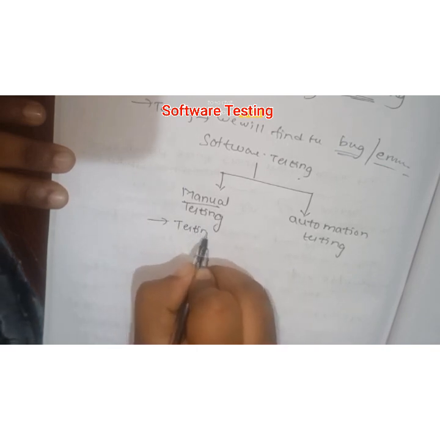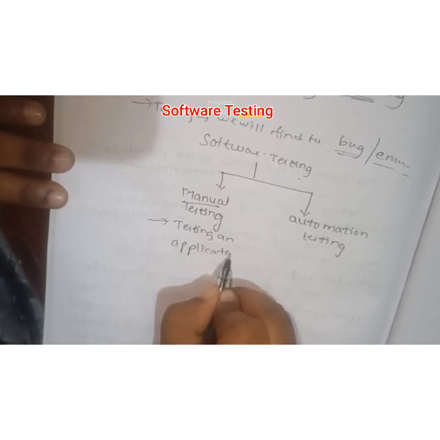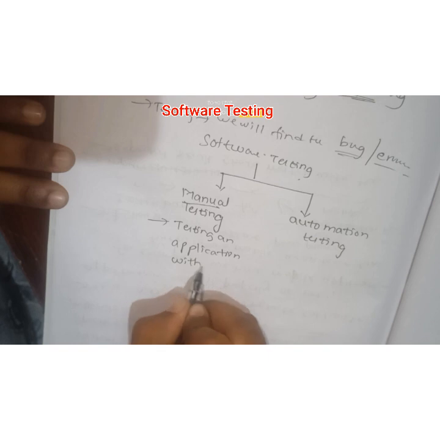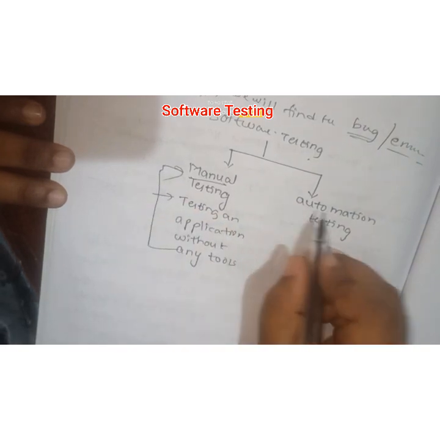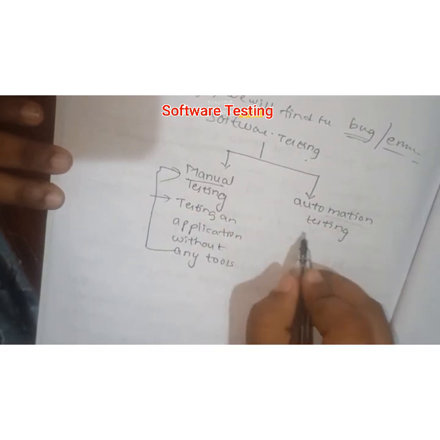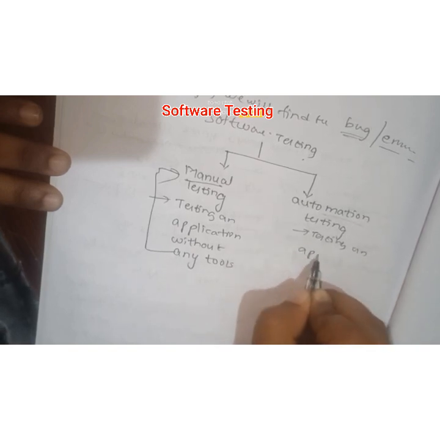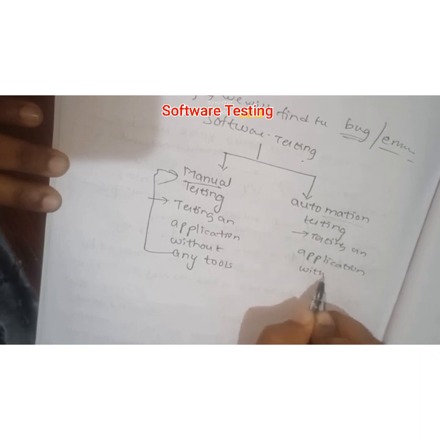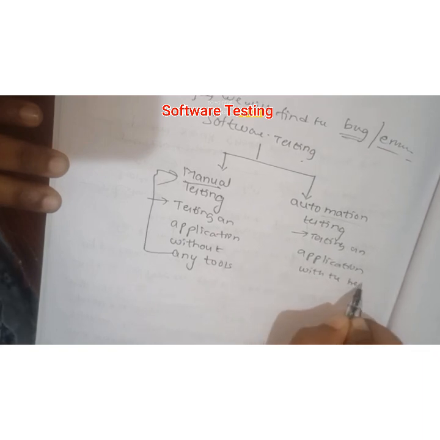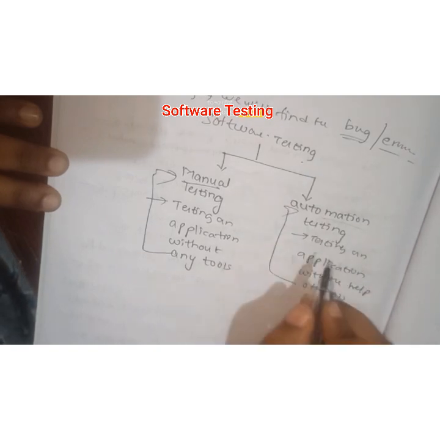Testing an application without any tools is known as manual testing. Then we can easily understand that automation means testing an application with the help of tools; that is automation testing.